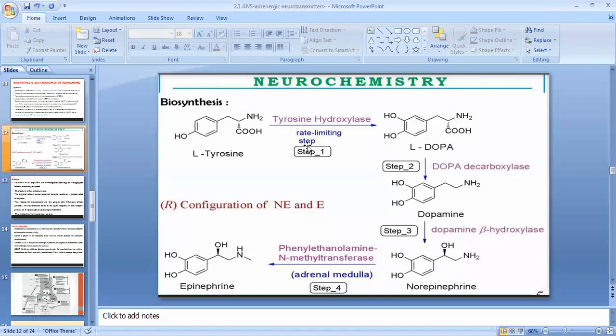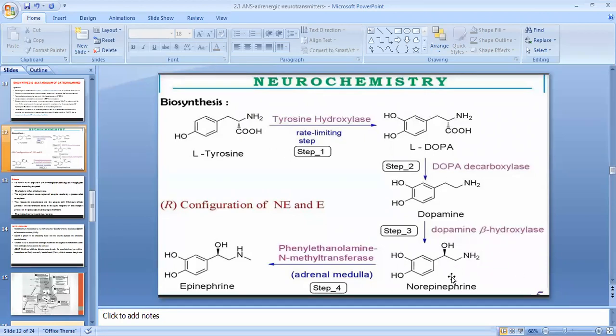Now what happens next? Dopa decarboxylase acts on the formed L-dopa, which is decarboxylated to dopamine. Dopamine is also a neurotransmitter for the sympathetic nervous system. Next, the enzyme dopamine beta hydroxylase comes into the picture, which hydroxylates dopamine and converts it into norepinephrine, a very important neurotransmitter of the autonomic nervous system.